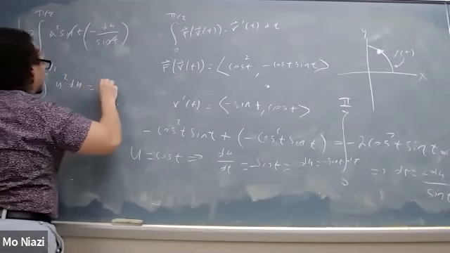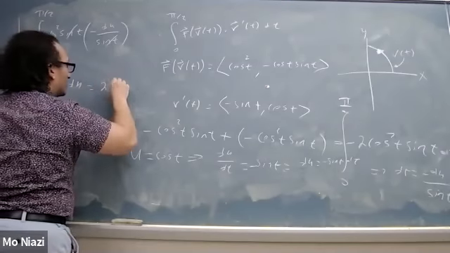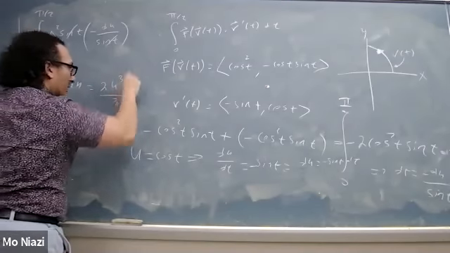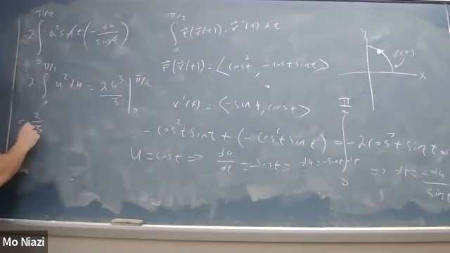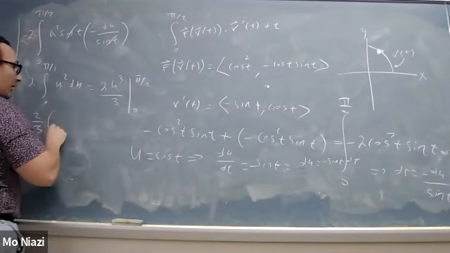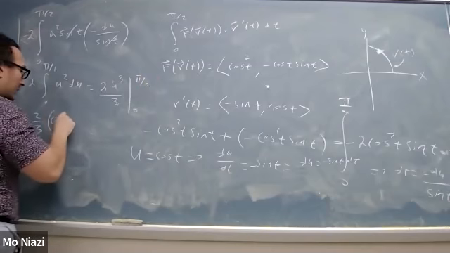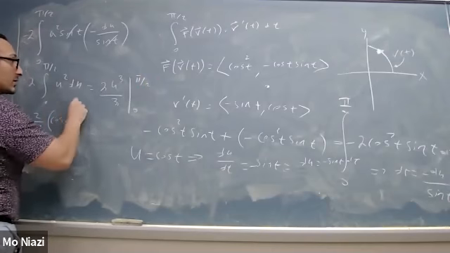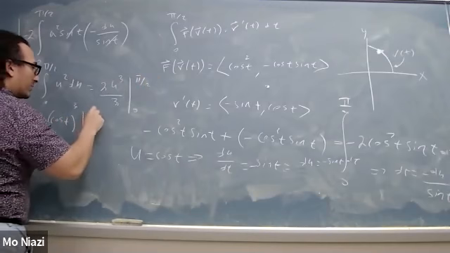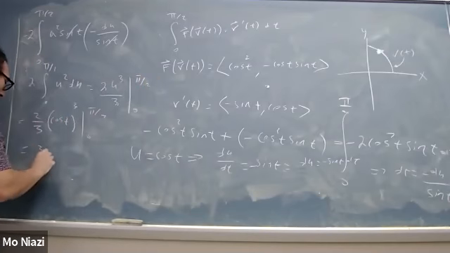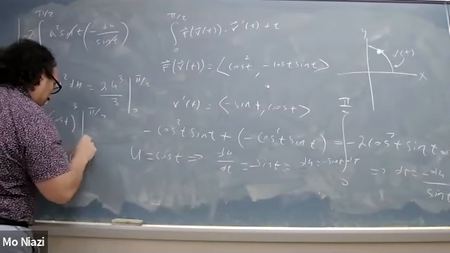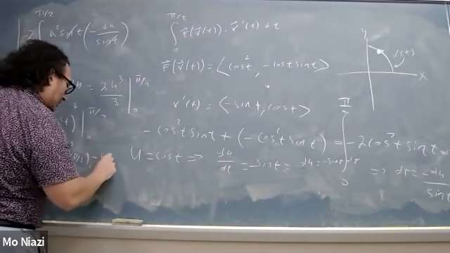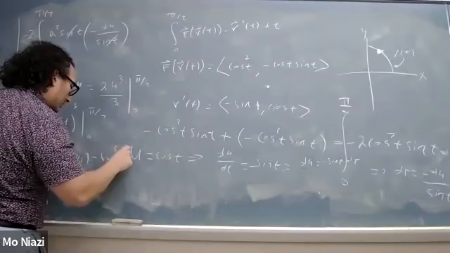When you integrate, this becomes negative 2u cubed all over 3, evaluated from 0 to pi over 2. But this is the same thing as negative 2/3 times cosine of t cubed, evaluated from 0 to pi over 2. So this becomes negative 2/3 times cosine of pi over 2 cubed minus cosine of 0 cubed.